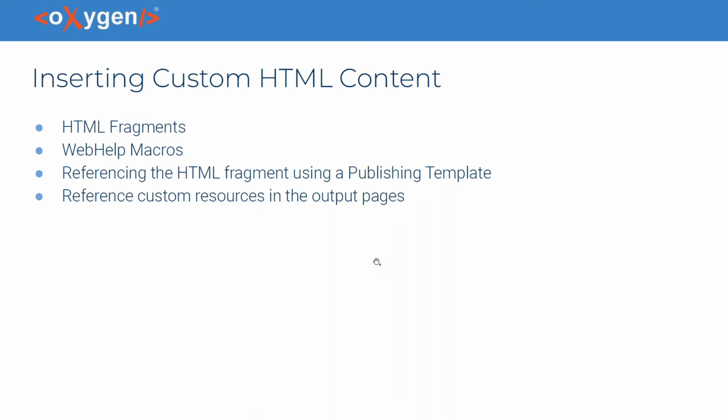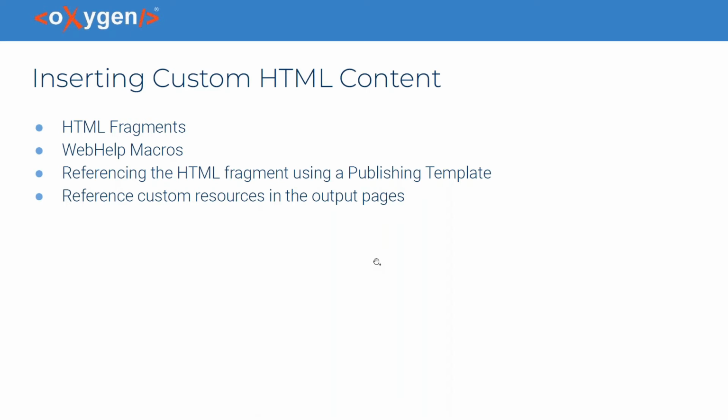You can add custom HTML content in the WebHelp Responsive output by inserting it in a well-formed XML file that will be referenced in the Oxygen publishing template. This content may include references to additional JavaScript, CSS, and other types of resources. The XML file can use WebHelp macros, which are variables that will be expanded when the content of the HTML fragment file will be copied in the final output.